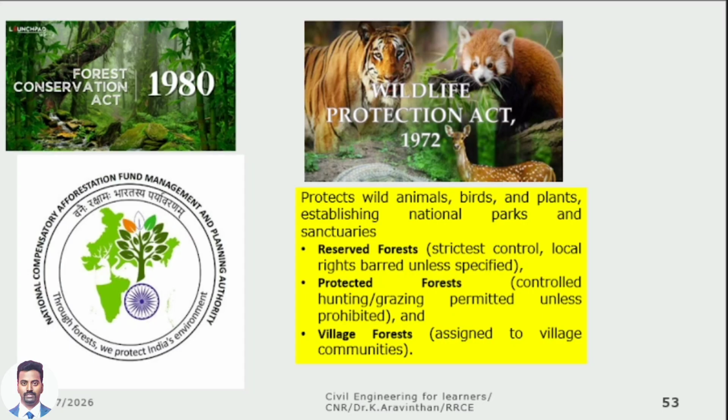What every industry should do is, if any industry is being constructed and they cut 100 trees, they have to plant 100 trees somewhere. That is the compensation for every industry in today's legislation. This is the CAMPA rule which protects forest. For forest to improve, you should provide alternate forest on some other land.